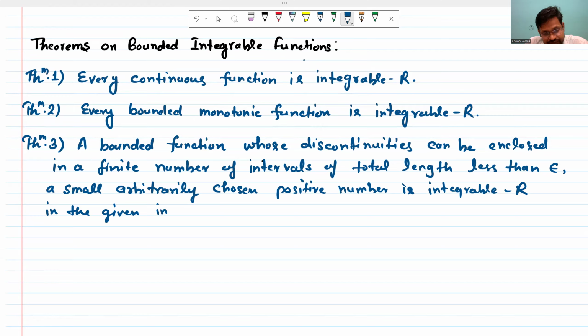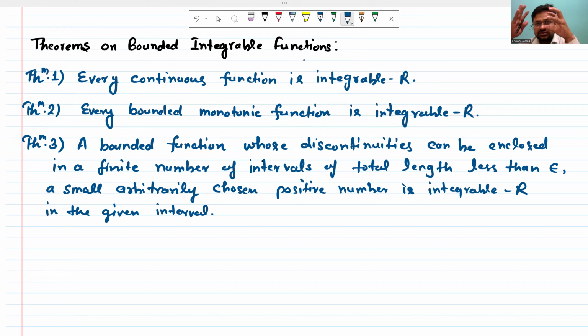So let us see what the theorem is saying. If the function is bounded, a bounded function whose discontinuities can be enclosed in a finite number of intervals of total length less than epsilon, whatever arbitrary very small positive epsilon we choose, is said to be integrable R in the given interval.